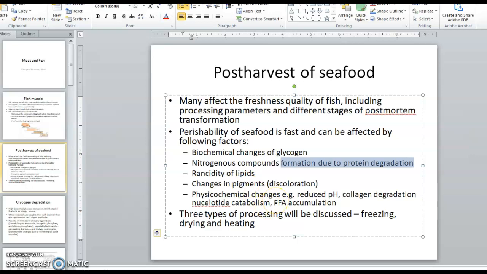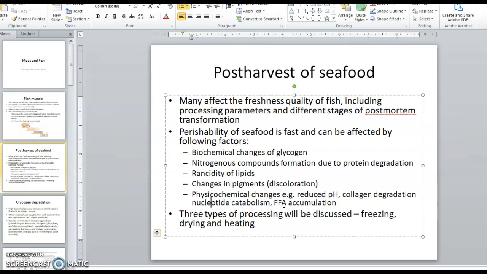And the last one is physiochemical changes, for example, reduced pH because of the formation of lactic acid, collagen degradation, nucleotide catabolism. And the final one is free fatty acid accumulation, because some fish contain a lot of fat.